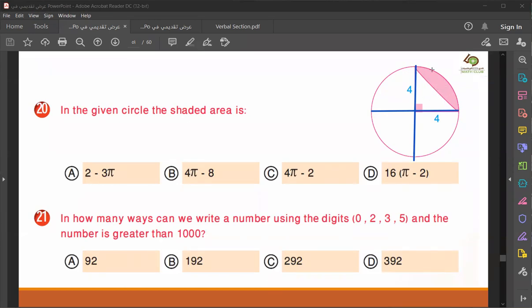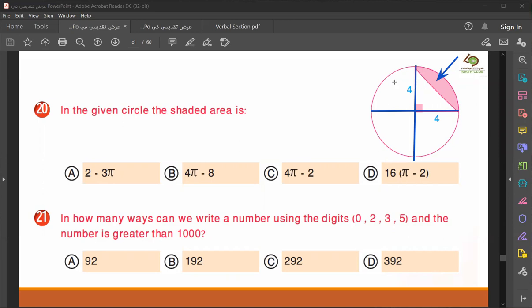So the area of the quarter minus the area of a triangle. How do you find this? Look, please, and pay attention. How to find the area of the shaded area? What I will do, first, find the area of the quarter circle, and second, find the area of the triangle.